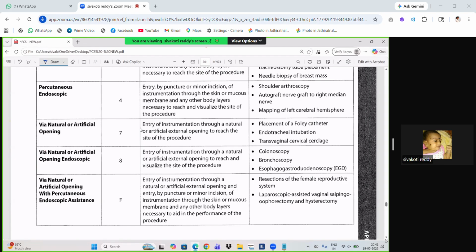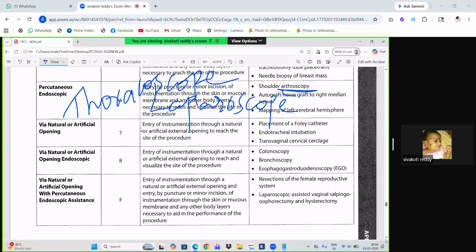Note down what are the scopes we can consider as percutaneous endoscopy: arthroscopy, laparoscopy, and thoracoscopy. If they used these scopes, it should be considered as percutaneous endoscopy.